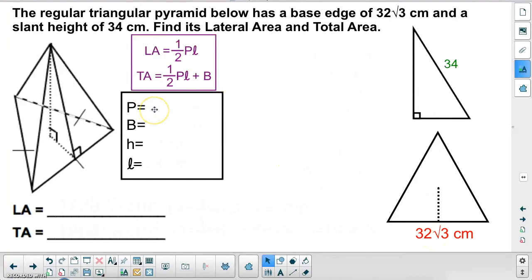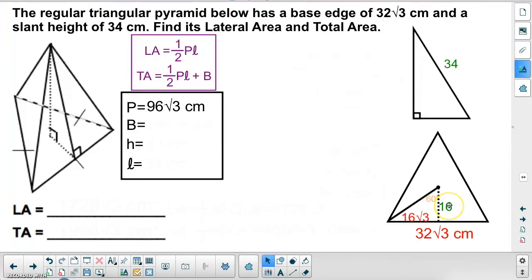We can find the perimeter of that base by just multiplying that by 3 to get 96√3 centimeters. That's the perimeter of that base. To find big B, we're going to have to find the area of this equilateral triangle. So we're going to need to use that 30, 60, 90 here with 16√3 as our 60 to find our apothem of 16.